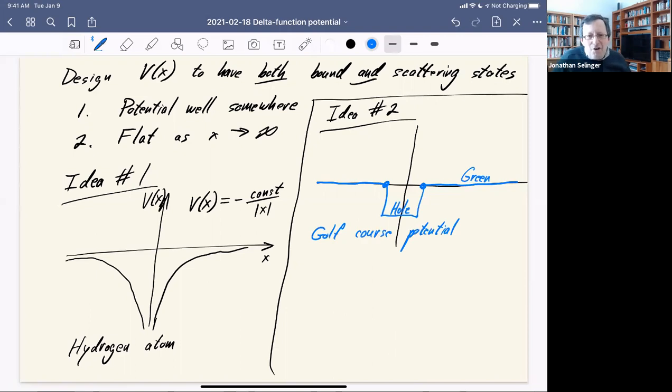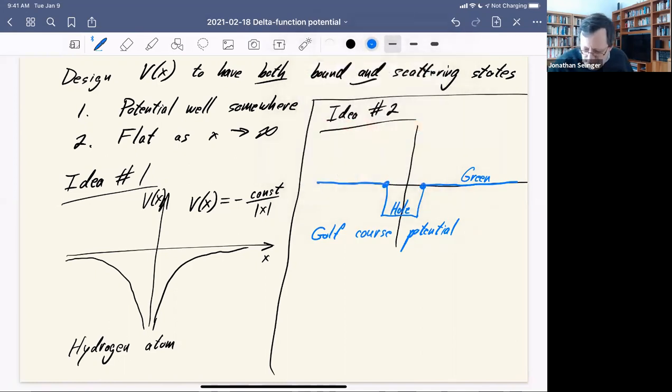The golf ball could be bound inside the hole, or it could be free to roll around on the putting green. And we could try to solve something like this, and for sure, it would be easier than the hydrogen atom, because it's flat in all these regions.